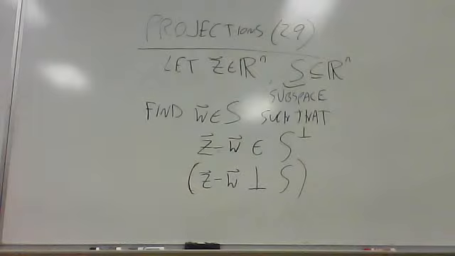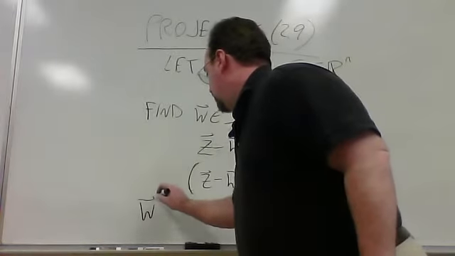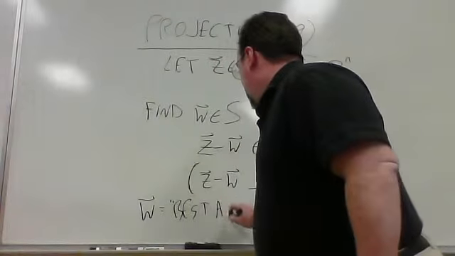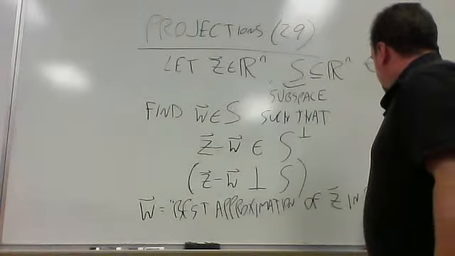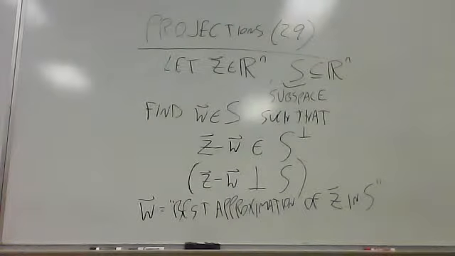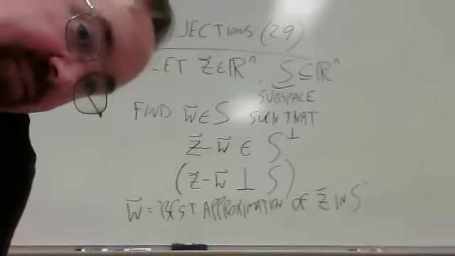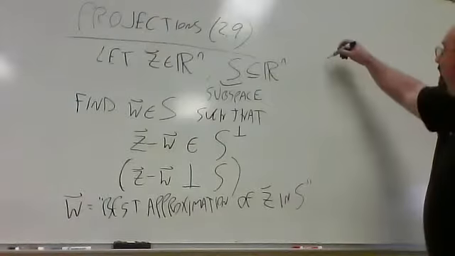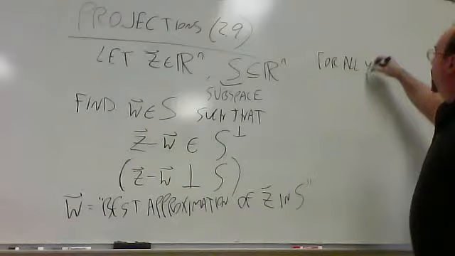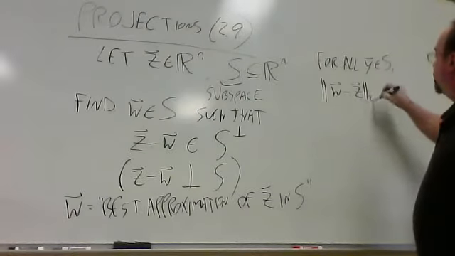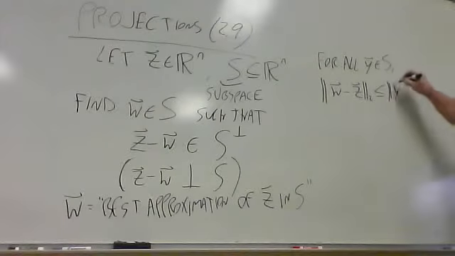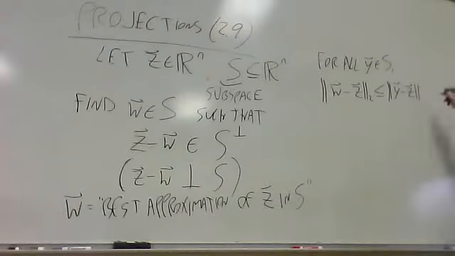Now, I've been referring to this as error because W can be thought of as the best approximation of a vector Z in the subspace S. And what I mean by best approximation is that for any vector y in S, the 2 norm of W minus Z is going to be less than or equal to the 2 norm of Y minus Z. That is, W is going to get closer to Z in a 2 norm sense than any other vector in the subspace S. And that's why we refer to W as the best approximation.